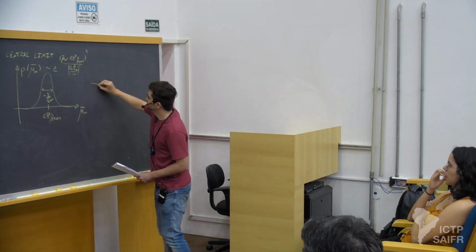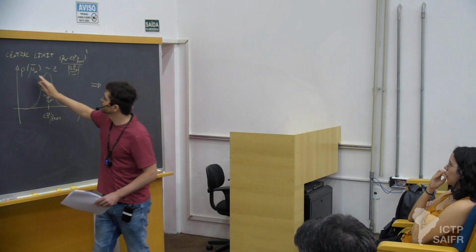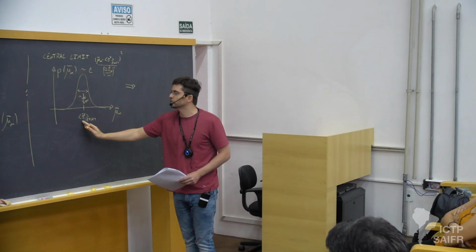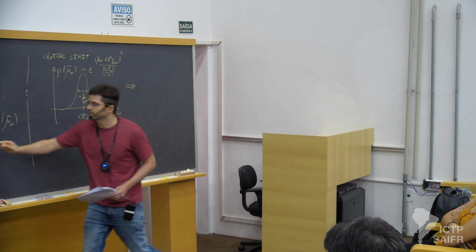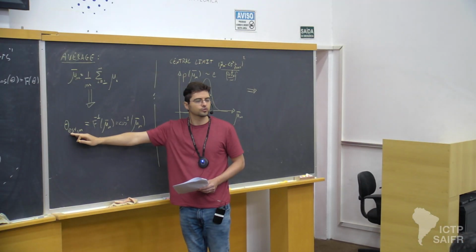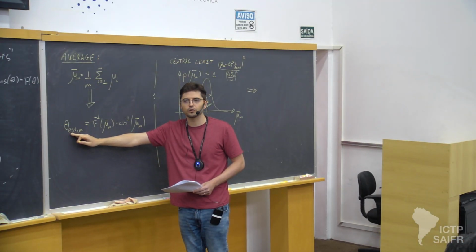Okay, and of course, since the expectation value of the average should converge to the exact one, then the estimated value should also converge to the exact one according to a Gaussian distribution.